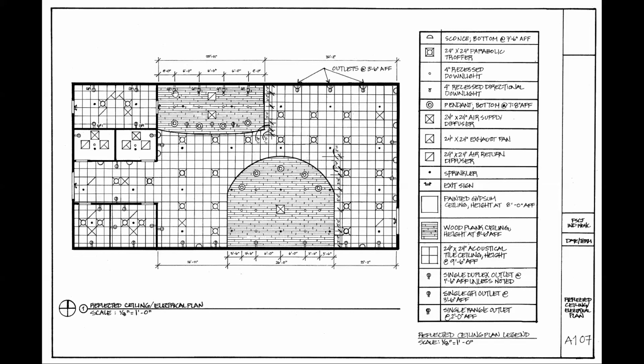You can see that there are some outlets here that have a little letter next to them, and that says GFI. And that's the symbol right here, single GFI outlet at 3 foot 6 inches AFF. Now these are up higher because this is where the appliances are going to plug in. And you can see there's some in here as well. GFI stands for ground fault interrupter, and you have to have GFI outlets anywhere within 5 feet of water.